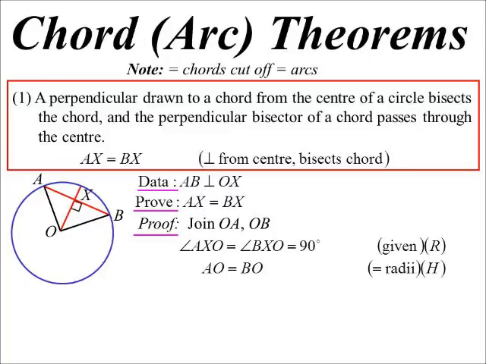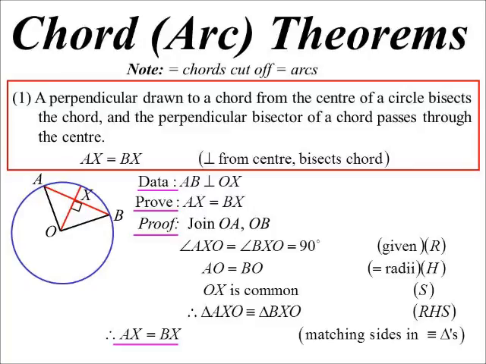AO is equal to BO, they're both radii. And OX is in both triangles. So I've got right angle, hypotenuse, side, so I know they are congruent. If they're congruent, then AX must equal BX because they are the matching sides in those congruent triangles. So a fairly simple little proof there.